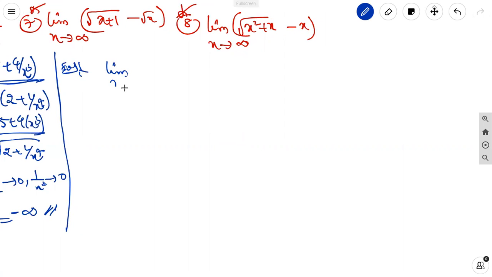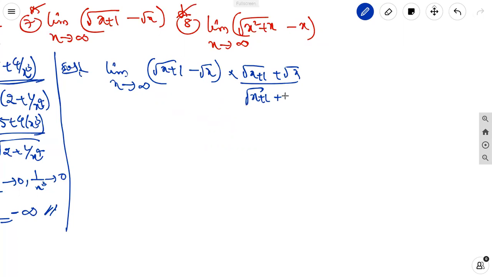That is limit x tends to infinity root of x plus 1 minus root x. Now we can rationalize: root of x plus 1 plus root x by root of x plus 1 plus root x.